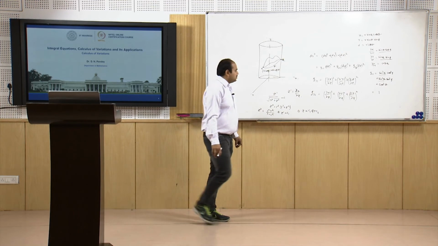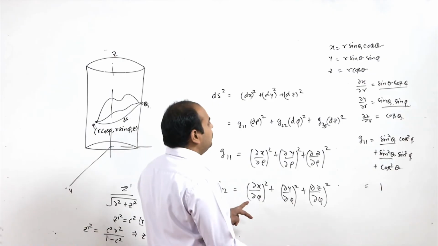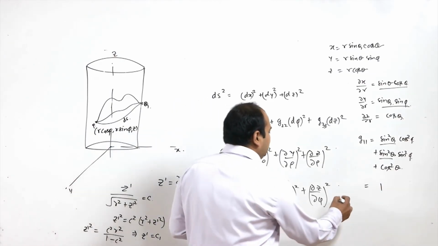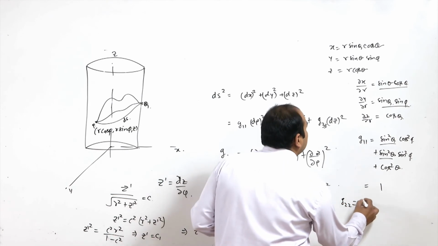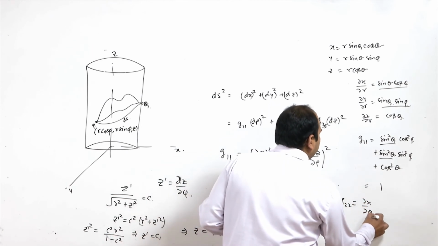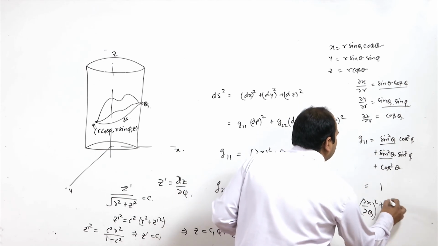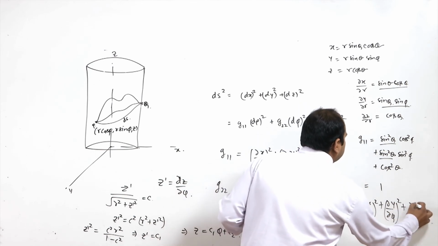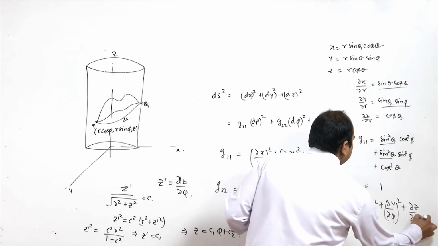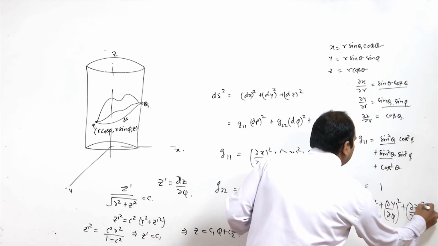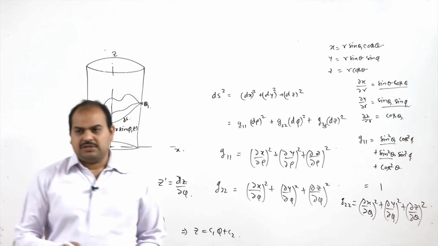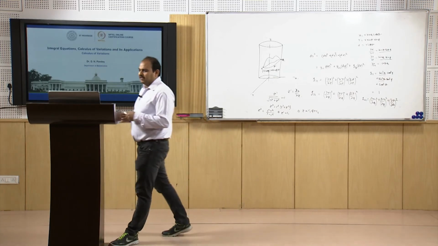Here g22 is found with respect to theta. So g22 is del x by del theta whole square plus del y by del theta whole square plus del z by del theta whole square. So you can find the value of g22 and similarly g33.